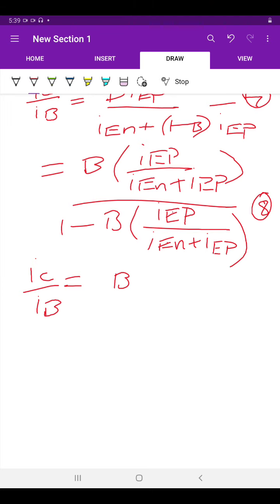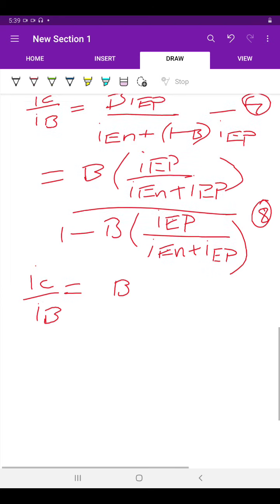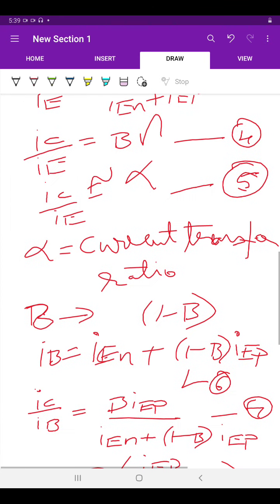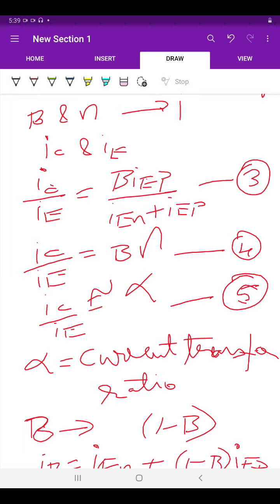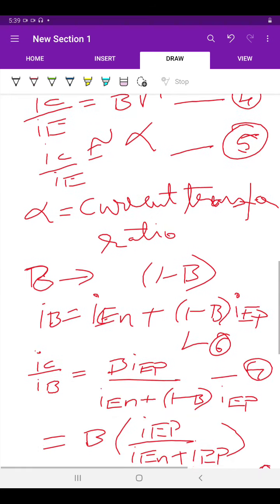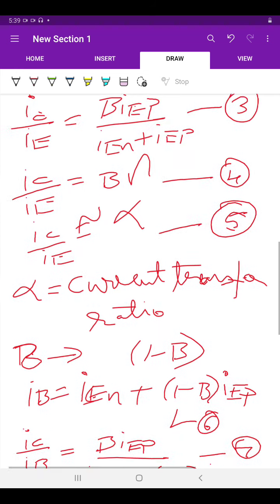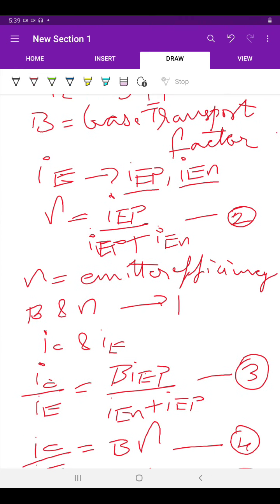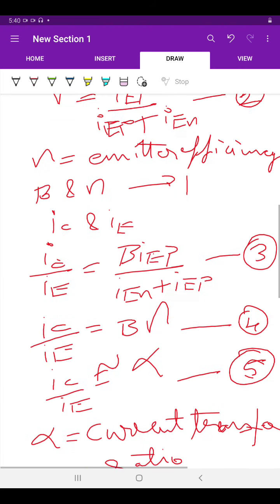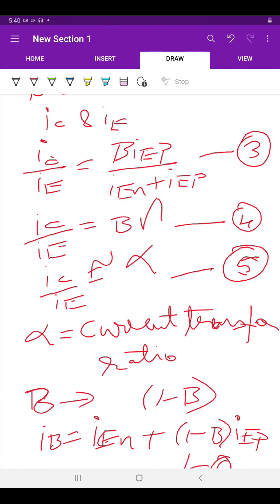Now IEP divided by IEN plus IEP is nothing but your gamma. So that we have already known. From equation 2, gamma equals IEP divided by IEP plus IEN, which is your gamma.